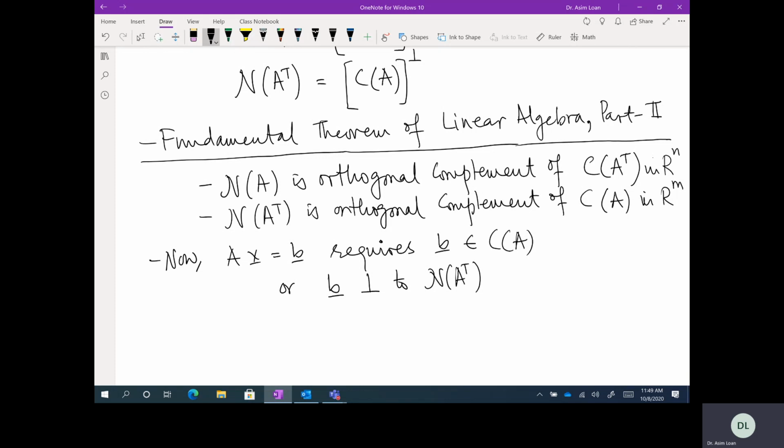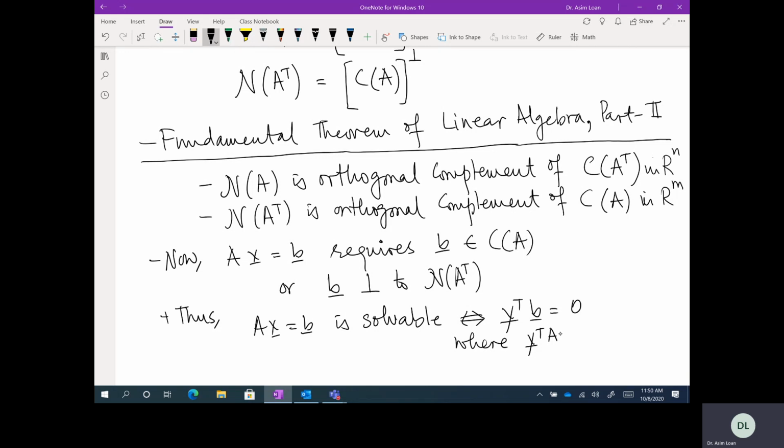So an alternate way of saying is, thus Ax equals b is solvable if and only if y transpose b equals 0, where y transpose A equals 0, or y belongs to the null space of A transpose. Right?